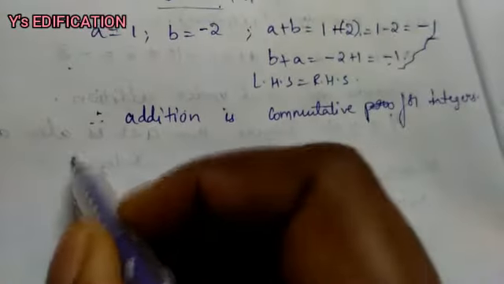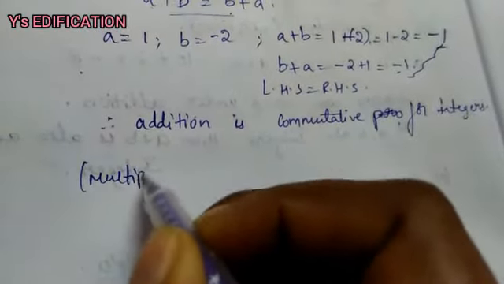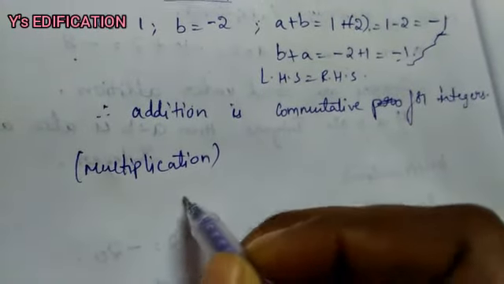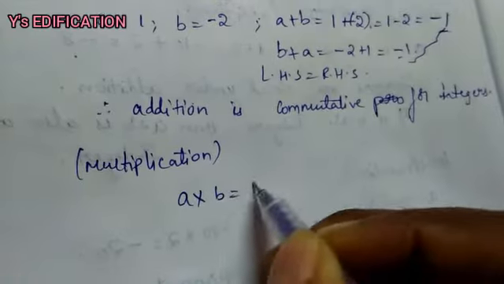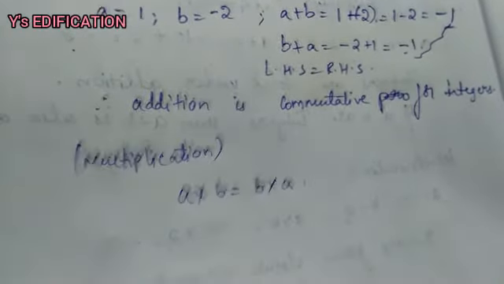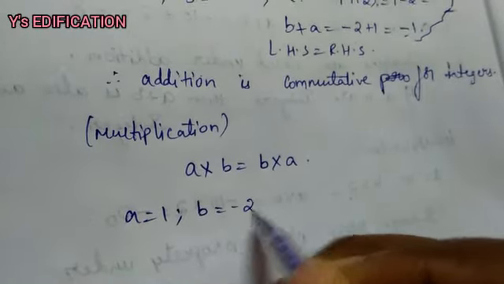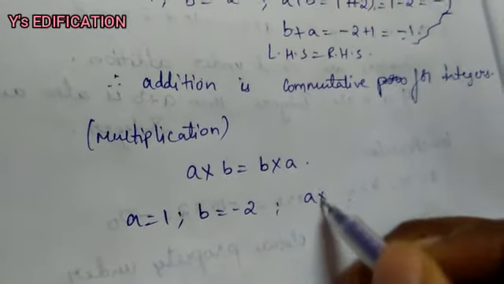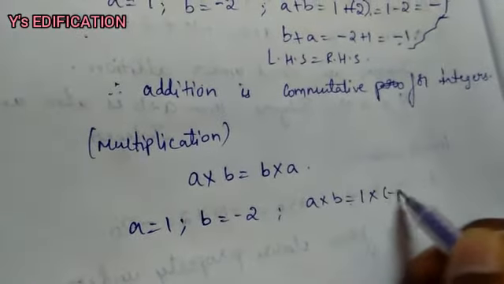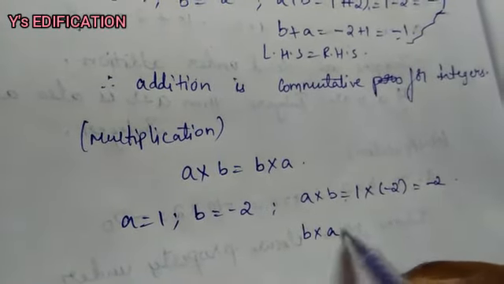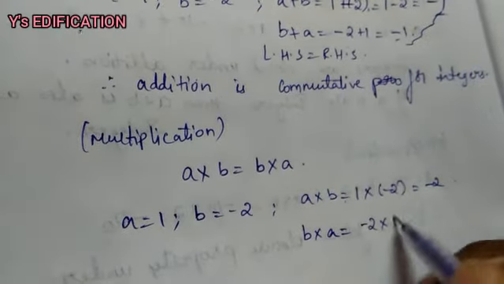Okay, next we are going to do with multiplication. Multiplication means what we have to do? a into b is equal to b into a. Okay, so again a is equal to 1, b is equal to minus 2. So what is a into b? 1 into minus 2. Answer is minus 2. What is b into a? Minus 2 into 1.